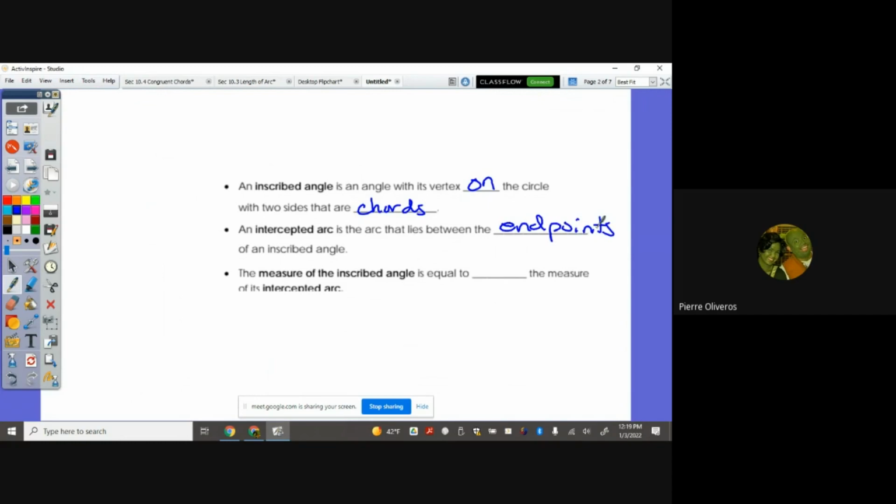The measure of the inscribed angle is equal to half the measure of the intercepted arc.